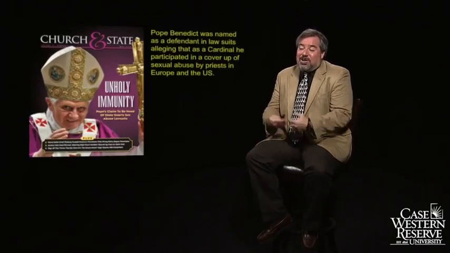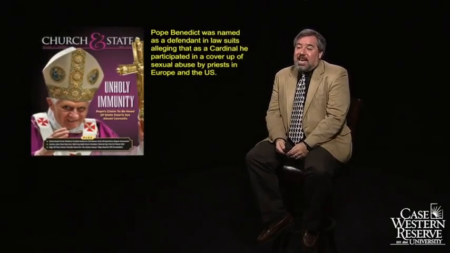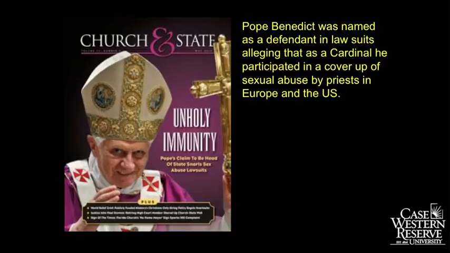Now, the most controversial possible case of head of state immunity is the case involving the Pope. Pope Benedict, who will have stepped down by the time this airs, was a cardinal responsible for disciplining other church leaders and priests when they were accused of corruption or, in this case, of sexual abuses.